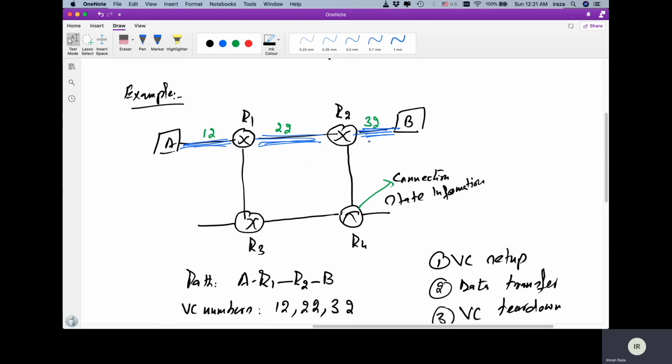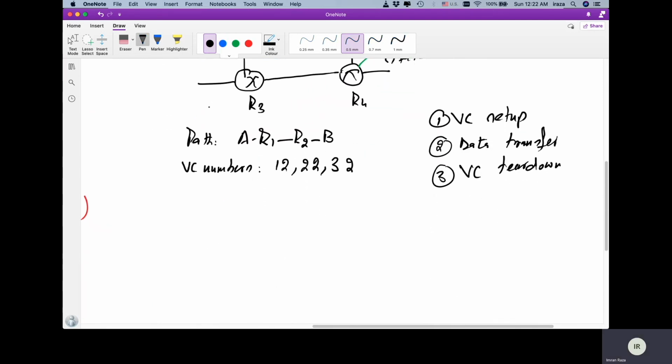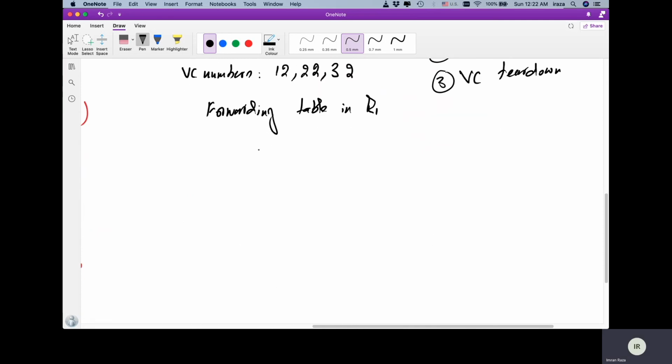And for that, the router maintains a forwarding table. So in order to facilitate this, the router maintains a forwarding table. For example, we can look at the forwarding table of, say, R1 in this example. This is the forwarding table in R1. Right. So first of all, it has the incoming interface.